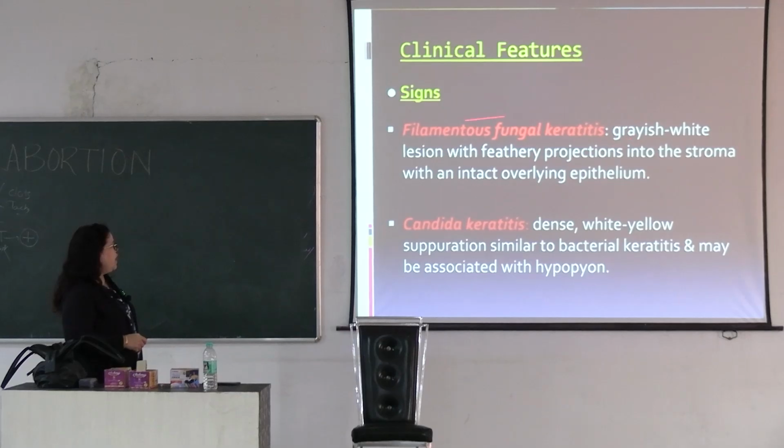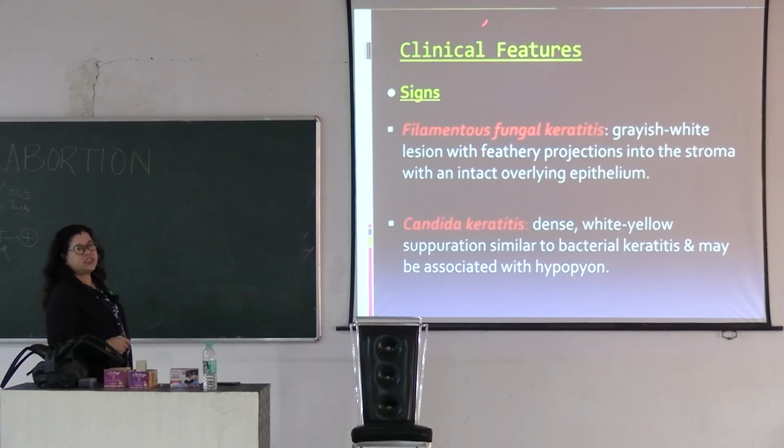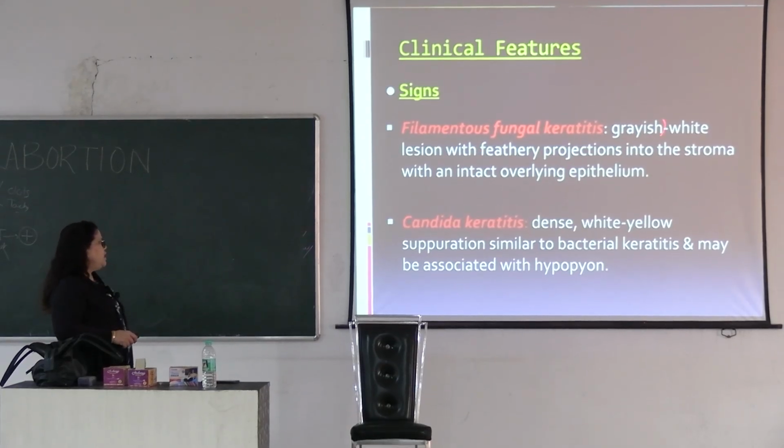In filamentous fungal keratitis, as the name suggests, grayish white lesions with feathery projections are present in the stroma, and the epithelium is intact, with no involvement of the epithelium. A corneal abscess may also be found. Candida keratitis is dense yellowish white, just like bacterial keratitis, and is also associated with hypopyon.